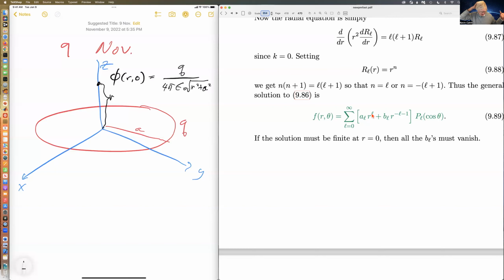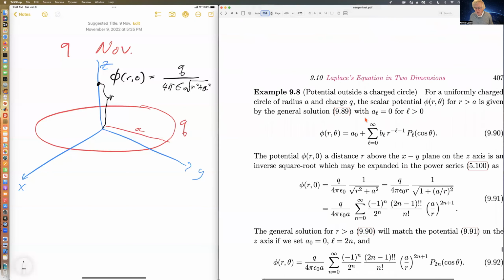And obviously the potential isn't going to be infinite due to a ring of charge Q. The potential will go to 0 as r goes to infinity. And since the potential goes to 0 as r goes to infinity, even a0 has to be 0, because that would give a constant potential at infinity.